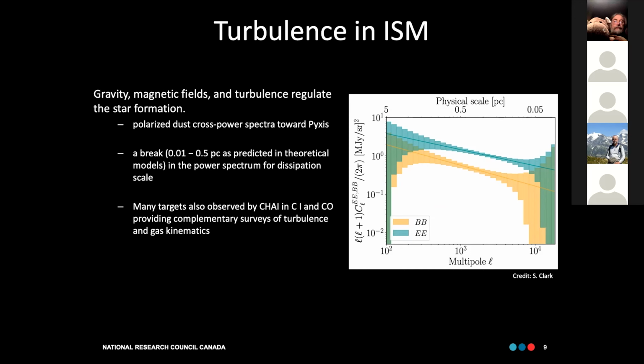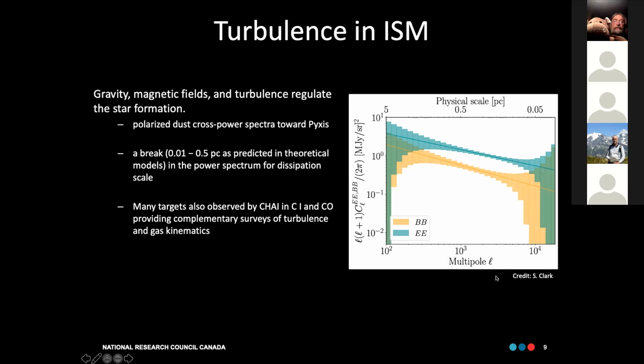In the dust polarization power spectrum, since polarization anisotropies are linked or sourced by fluid velocities, this technique gives us a good tool to explore turbulence as well.